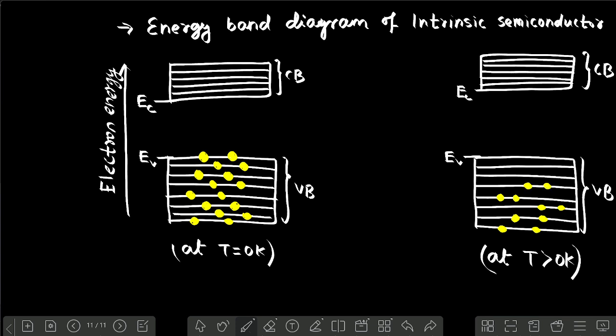So the electrons in the energy band near EV will move to the conduction band. So here I'll keep a hole, like this one hole. An empty circle represents a hole. So 2 electrons have gone to the conduction band, so I'll write dot dot here.